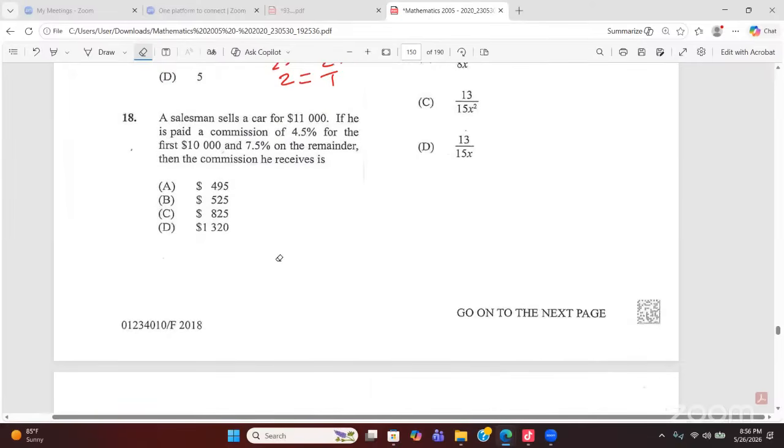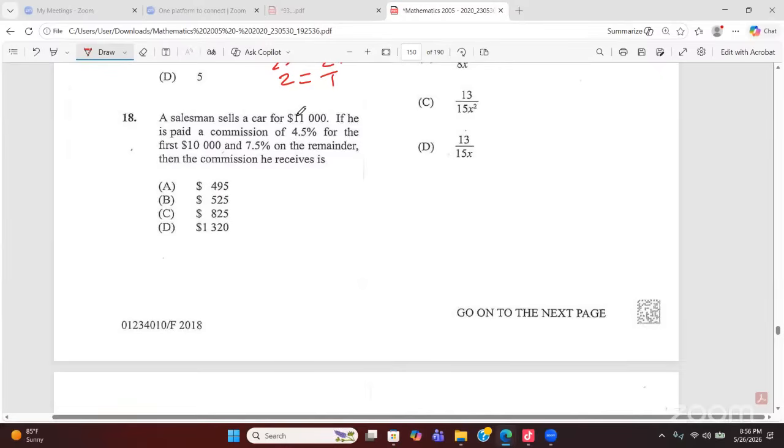Number 18 says a salesman sells a car at 11,000. If he's paid a commission of 4.5% for the first 10,000 and 7.5% for the remainder, then what is the commission he received? For this question, all you have to do is work it out part by part.